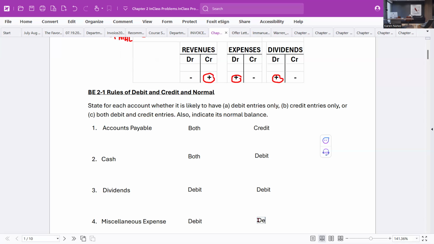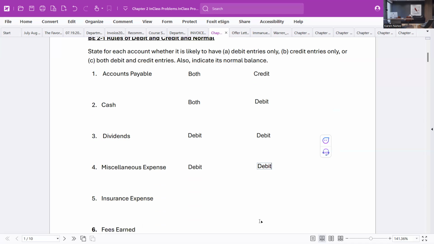The increase side is the normal balance. So we should see a debit balance. And all expenses are the same, right? Doesn't matter whether we call it miscellaneous expense or insurance expense, it's an expense. So all expenses are going to behave the same way. So we should see mostly debit entries into the insurance expense account, and we should normally see a debit balance in the insurance expense account.